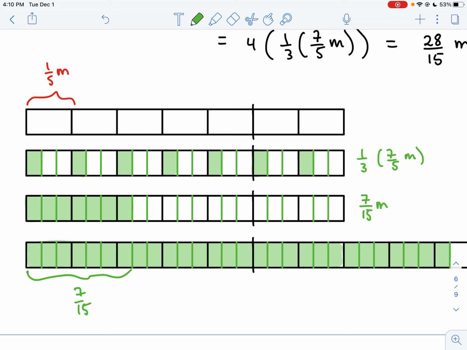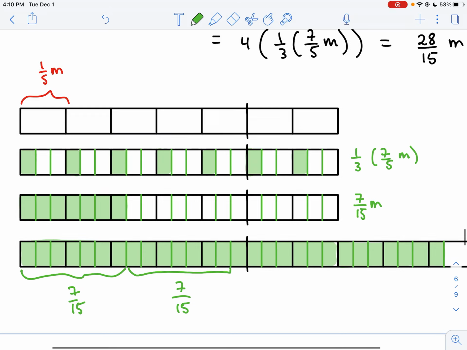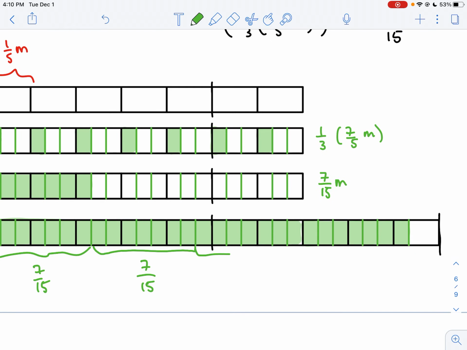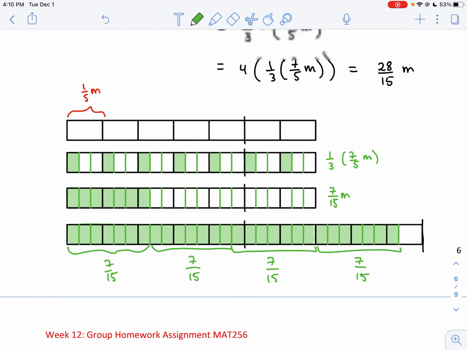So there's 1 7/15. And we have to do another 7, so 2 plus 3 plus 2. So there's another 7/15. And then 2 plus 3 plus 2. There's another 7/15. And then 3 plus 3 plus 1. And there's our final 7/15.